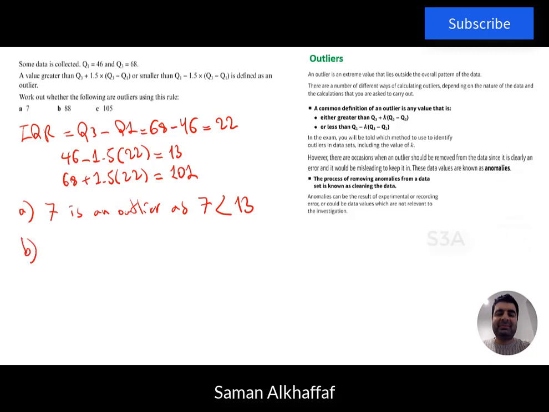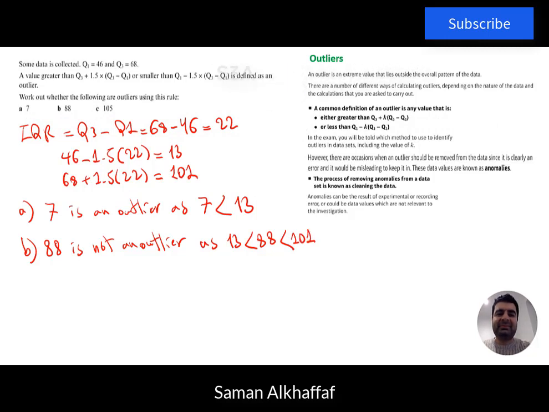For part B, we have 88. So 88 is not an outlier, as 13 is smaller than 88, and also 88 is smaller than 101.